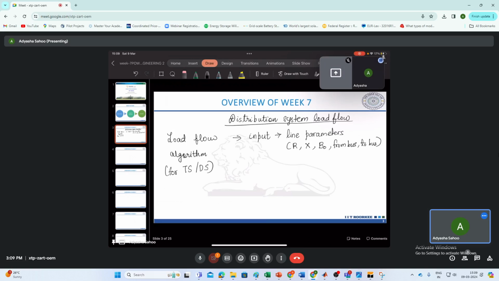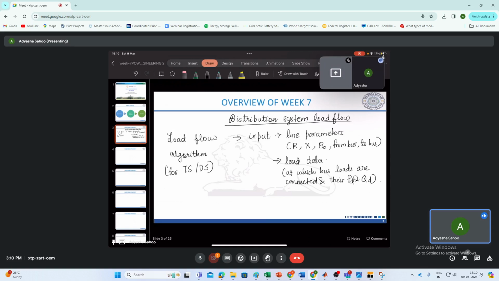Apart from that, we need the load data. So we need to find out at which bus loads are connected and what their value is, and their active and reactive parts, basically PD and QD.